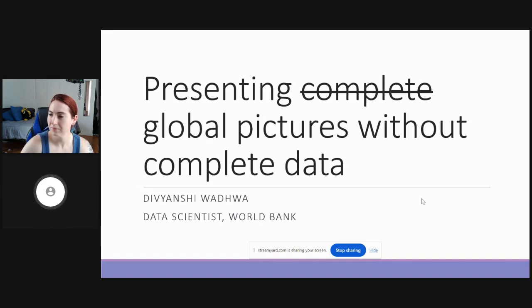Having a complete picture is oftentimes nearly impossible, especially in the context of international development data. And so we're going to say presenting global pictures without complete data. I might refer back to the idea of complete pictures towards the end of the presentation, so I hope you stay tuned up until then.